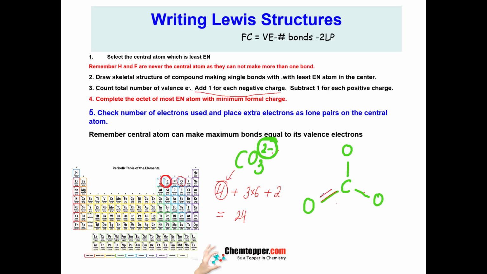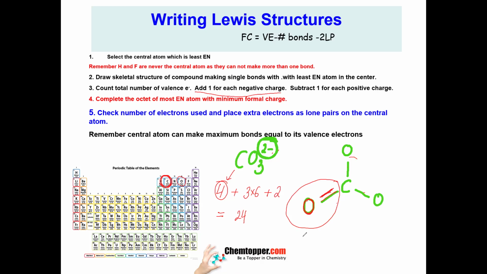Only 1. Only 1 oxygen can hold the double bond because carbon is done. It cannot make more double bonds. Now complete the octet of this oxygen. How many lone pairs on this oxygen?